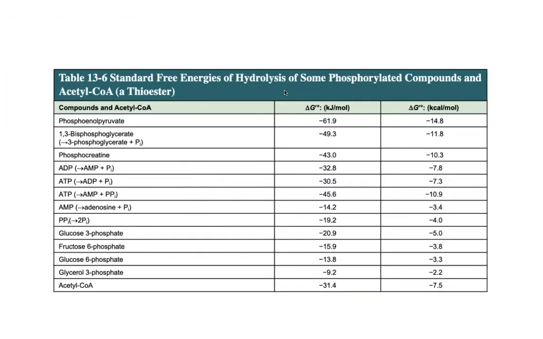And in fact, if you take ATP and generate AMP and that pyrophosphate, that gives you minus 10.9 kilocalories per mole. So it's even more than we would get if we just took off a single phosphate group. But now we can take that pyrophosphate and hydrolyze it, and we get another minus 4 kilocalories per mole.